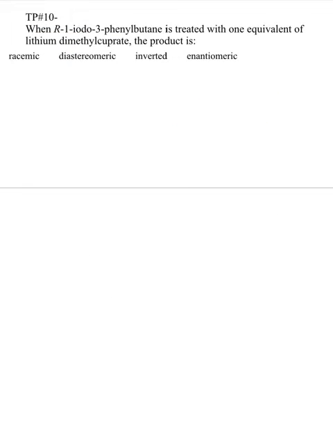Okay, what about when R-1-iodo-3-phenylbutane is treated with 1 equivalent of lithium dimethyl cuprate? So let's draw this structure. Okay, so when you draw that structure, you should get something that looks like this. And let's check it.